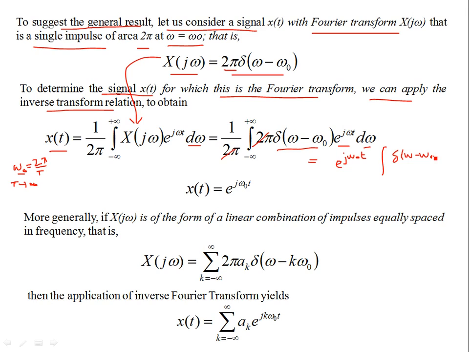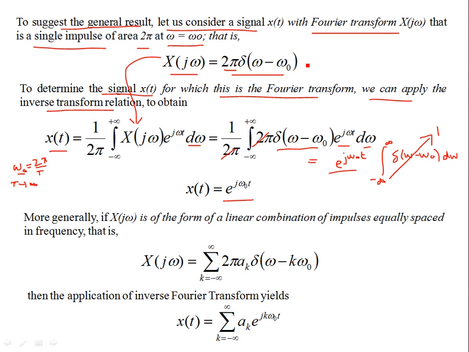So what is this? This is unity, right? The area of the impulse is 1, from minus infinity to plus infinity. So the inverse Fourier transform reduces to e to the j omega naught t.